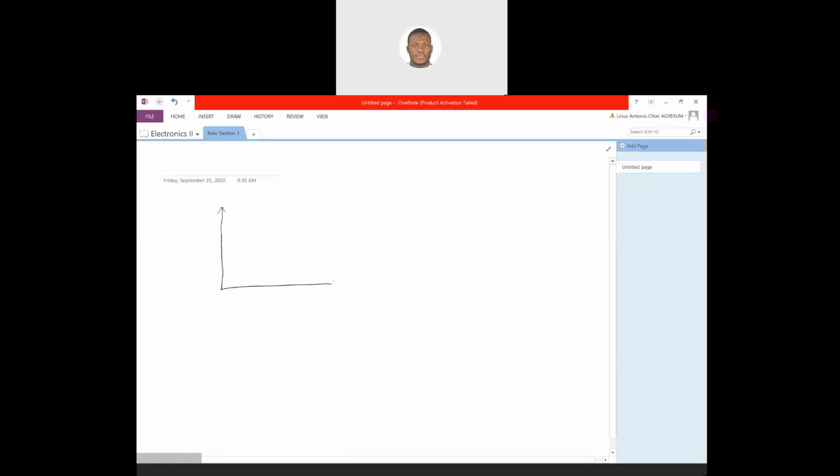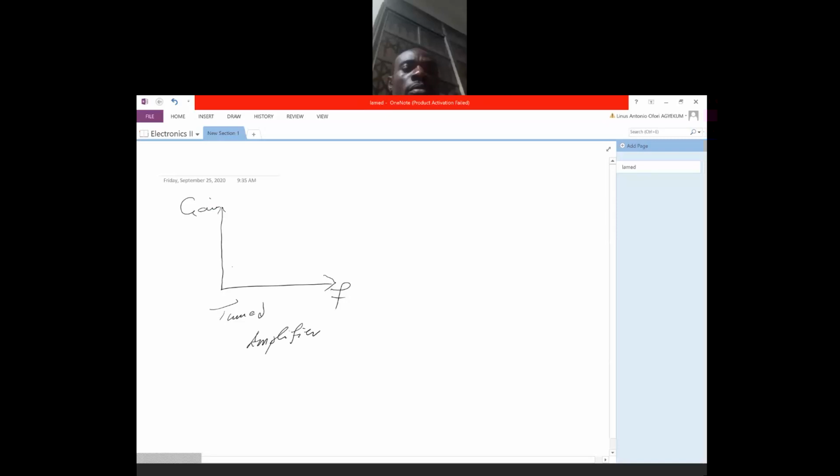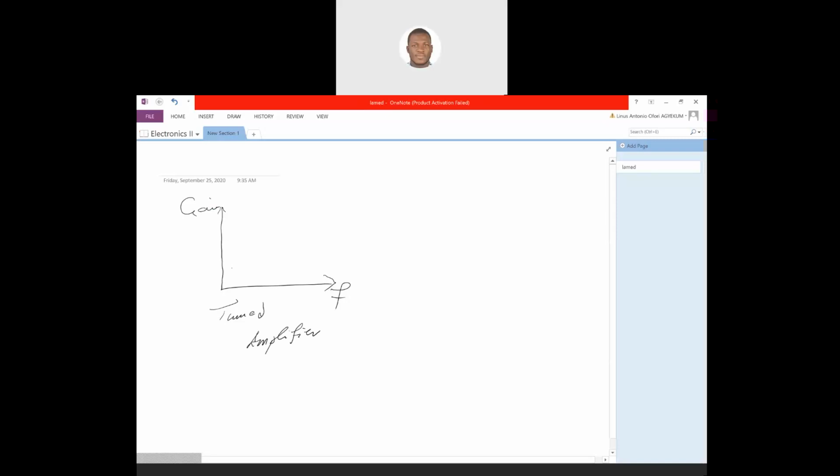When you have this, where you have your frequency here and your gain here, for a tuned amplifier you would have the frequencies, and the gain would fall at low frequencies and also fall at what?